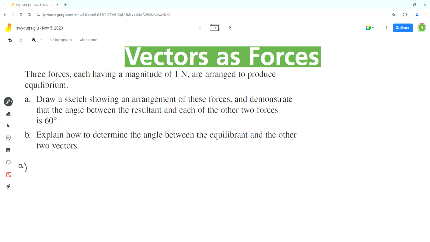So let's assume these three given forces are represented by vectors F1, F2 and F3. Now each of them has a magnitude of 1 Newton.